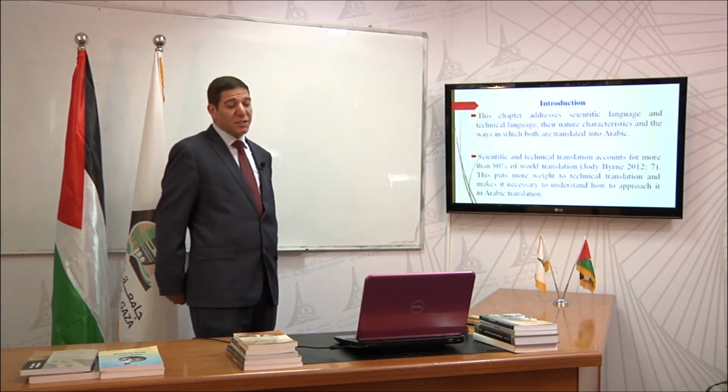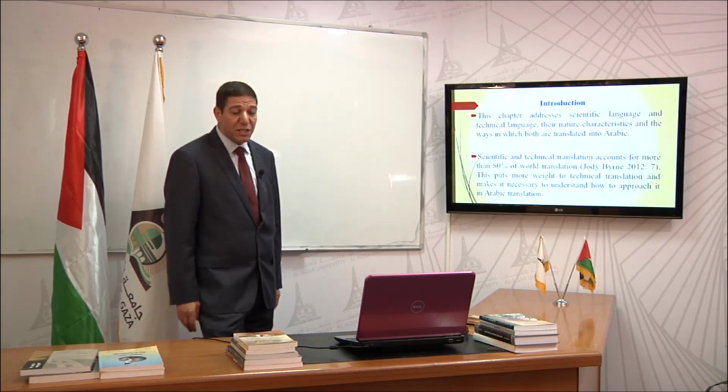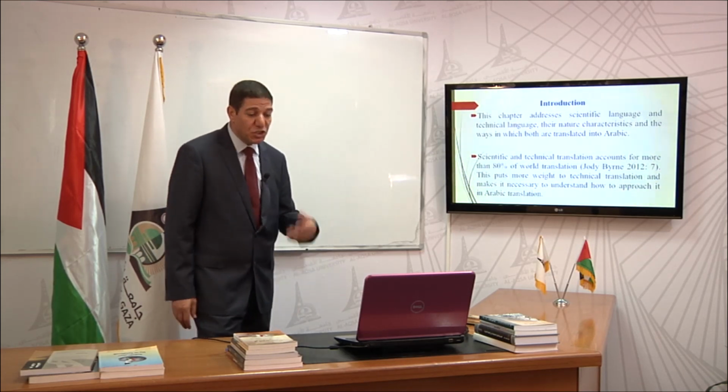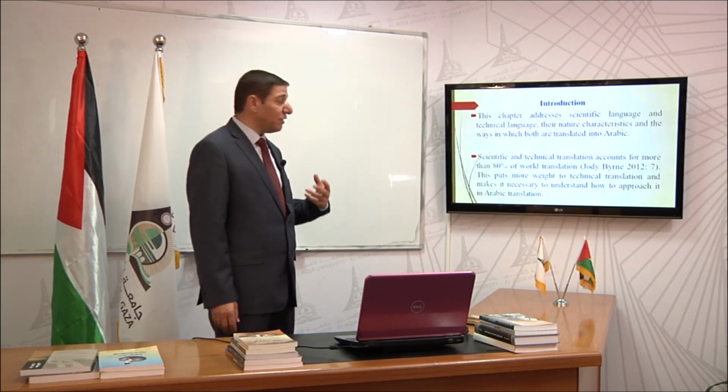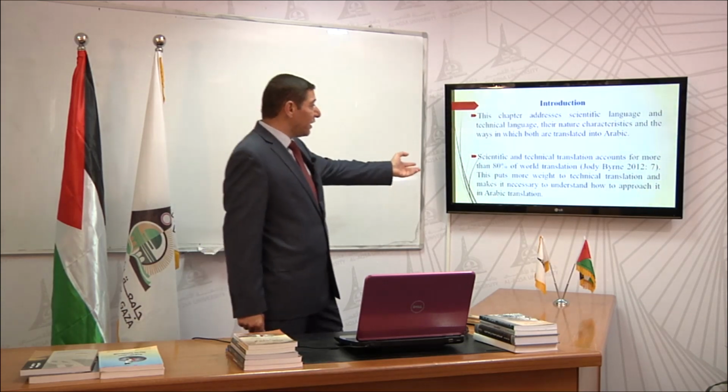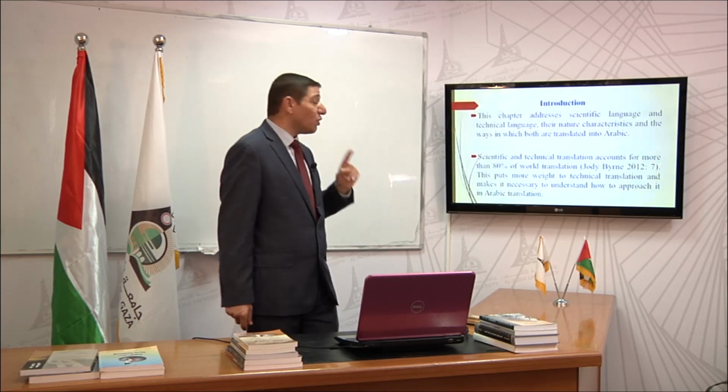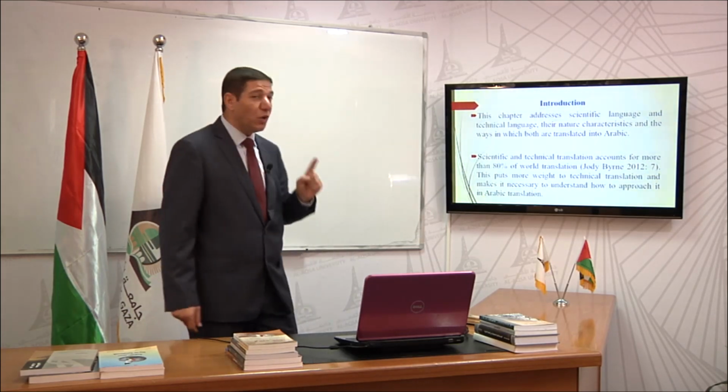This chapter addresses scientific language and technical language, their nature, characteristics, and ways in which both are translated into Arabic. Scientific and technical translation accounts for more than 80% of world translation.